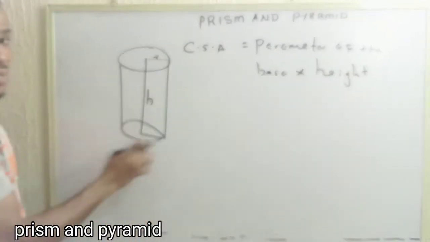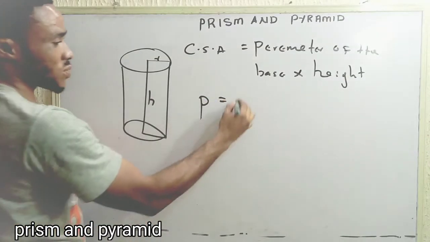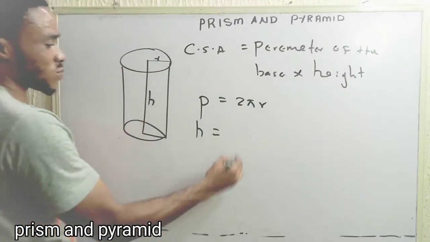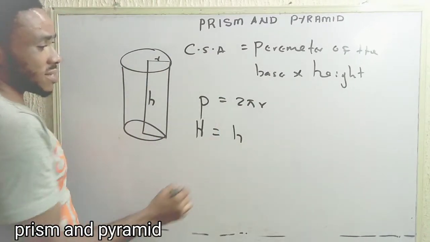So the perimeter of a circle normally is given as 2 pi r. So the height of this cylinder is given as H. That's the height in question.